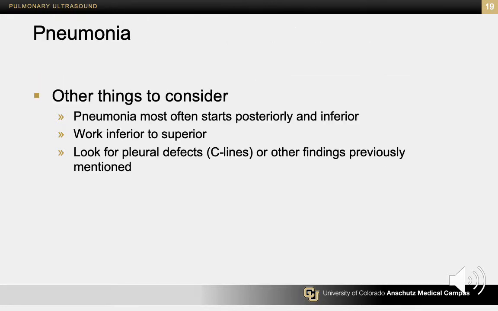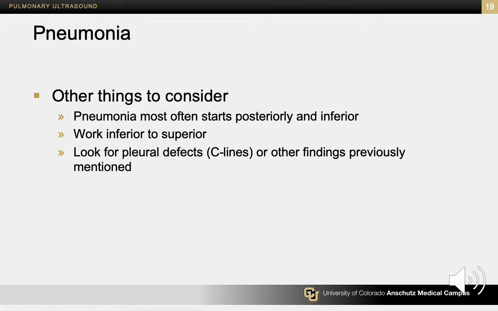So a couple more words on pneumonia. It typically starts posteriorly and inferiorly. So this is the one scan where you're going to want to start in the posterior aspect. You want to find the most inferior portion of the lung. Find the diaphragm on the back side of the patient and then work your way superiorly, looking for any sort of focality.